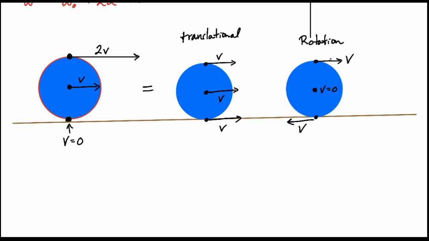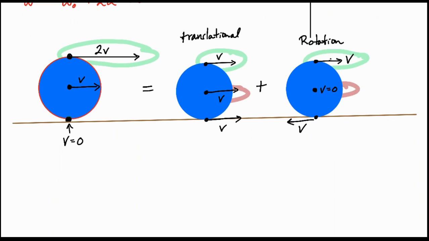All right, so how do we get this thing on the left? If I add these two together, you'll notice that this velocity goes forwards and that velocity goes forwards. So if I add those two together, I get 2v going forwards. Here in the middle, the velocity is just v, and here the velocity is 0.